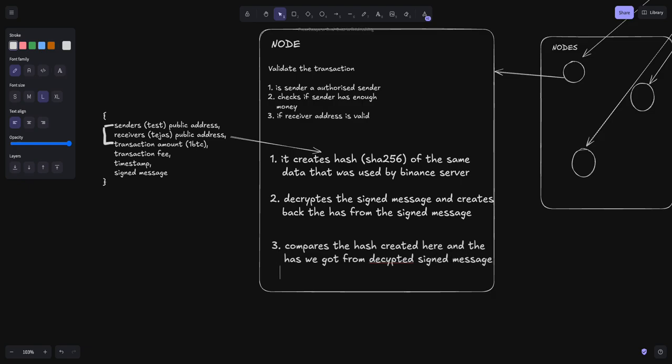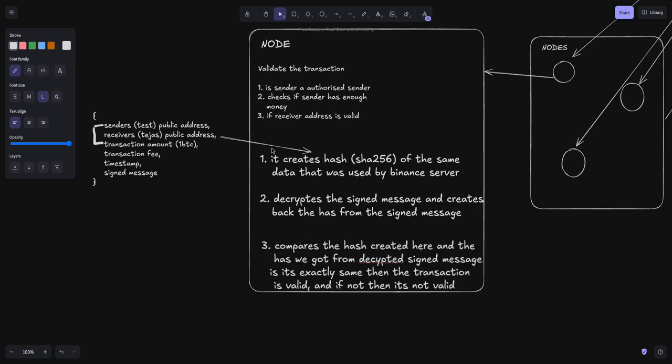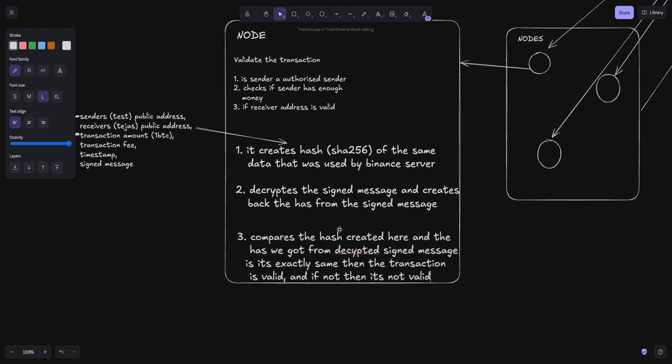And if it is exactly the same, then the transaction is valid. And if not, then it is not valid, right? So this is how it is done. I hope you got what happens.